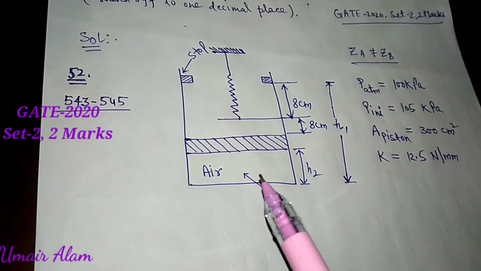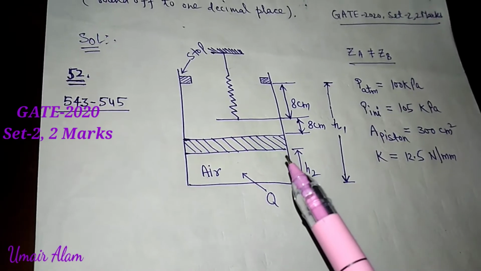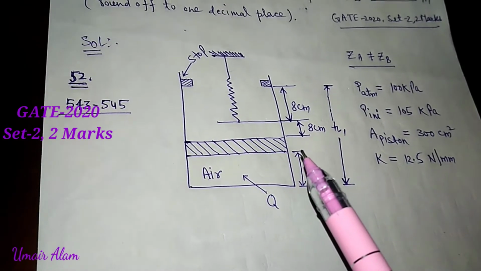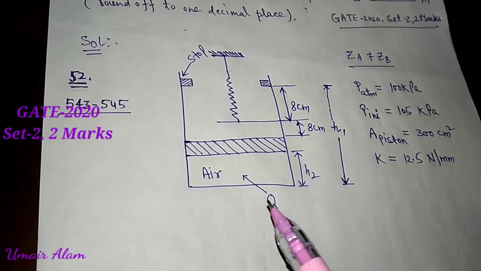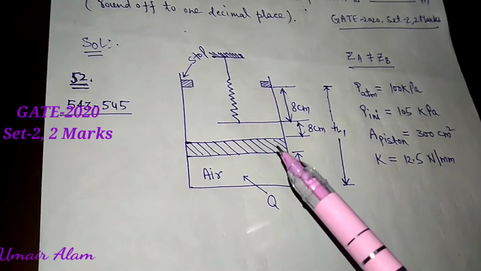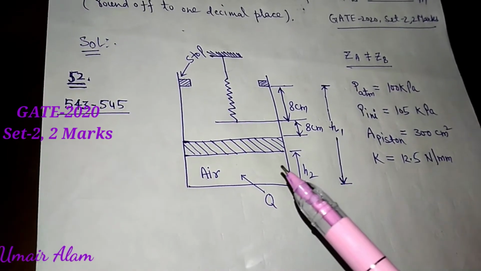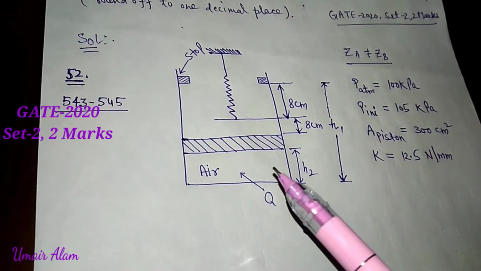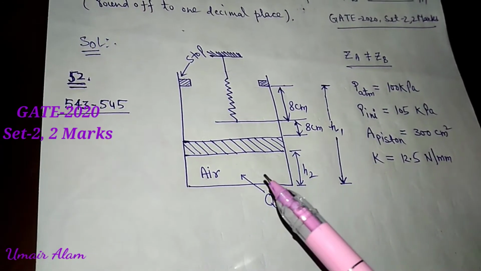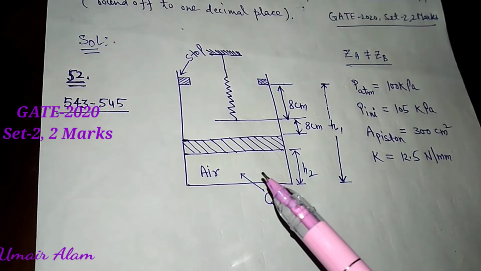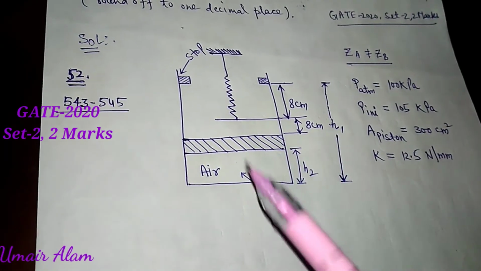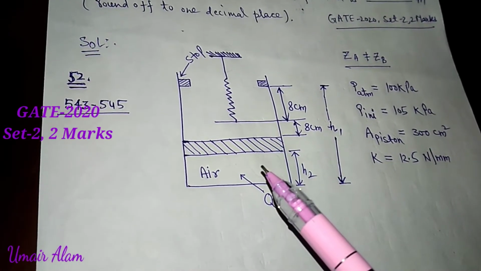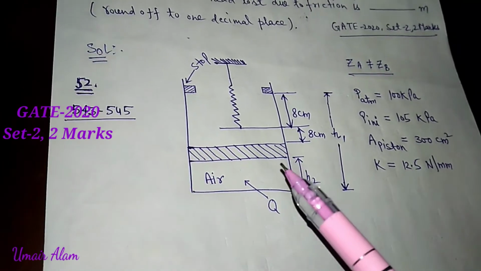So in this question there will be two kinds of work interaction. First will be due to the piston movement, or you can say due to the piston displacement. When heat is added, there will be some movement because of the heat addition.